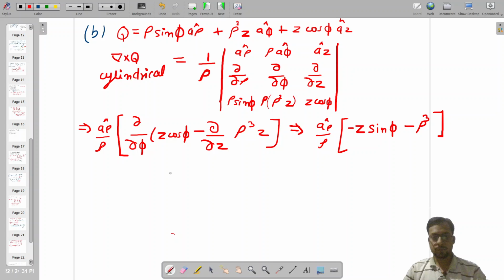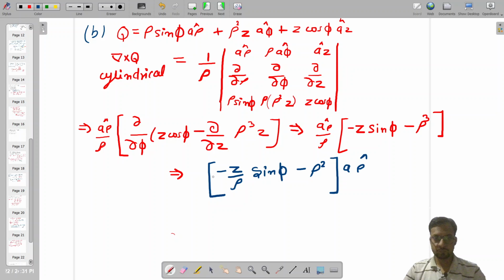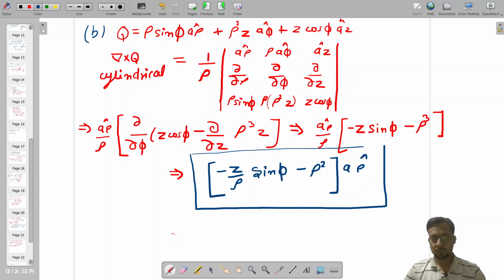So the first term is minus z by rho sin phi minus rho square a rho. So this is the first term of the curl.